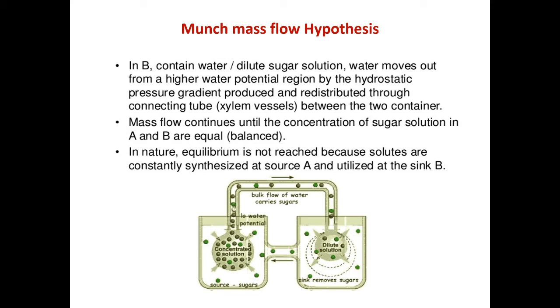Osmometer A contains higher sugar concentration. Higher sugar concentration means it is the source where sugar molecules are produced. So it has a higher sugar concentration than B, and both are immersed in water.